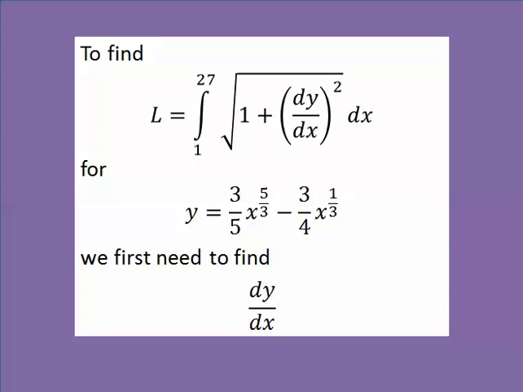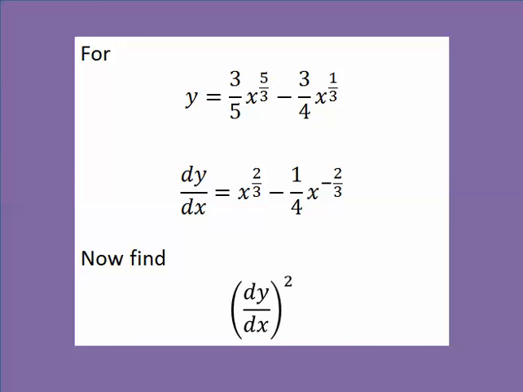So arc length is equal to the integral going from 1 to 27, because that was the range of our x values, of the square root of 1 plus (dy/dx) squared dx. And this is my function y. The first thing we need to do is find dy/dx.